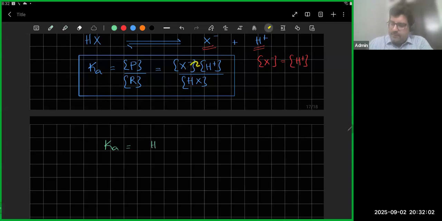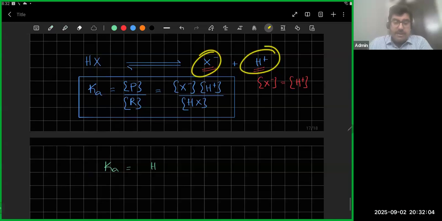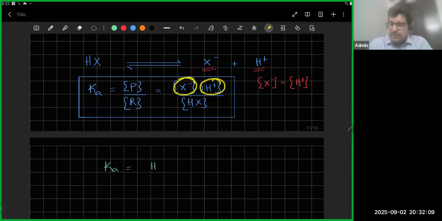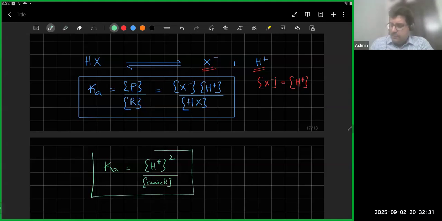So instead of writing X minus 1 and H plus 1, I can write H plus 1 squared, and the denominator is HX, which is basically my acid concentration. So this is my new K expression.